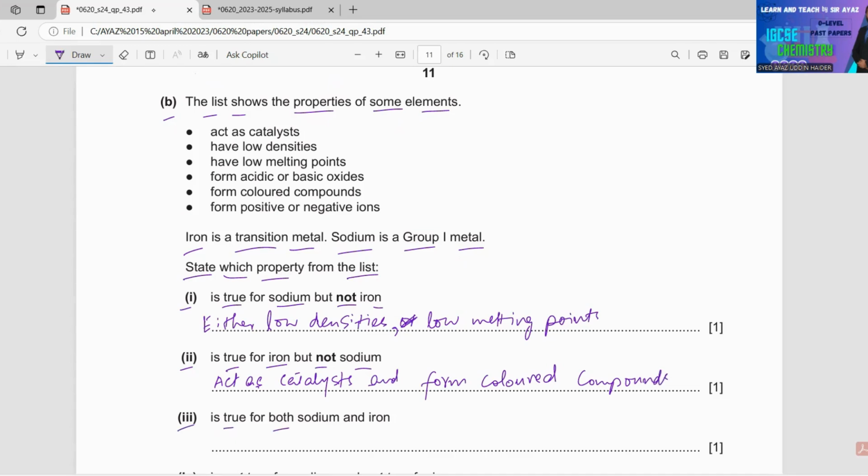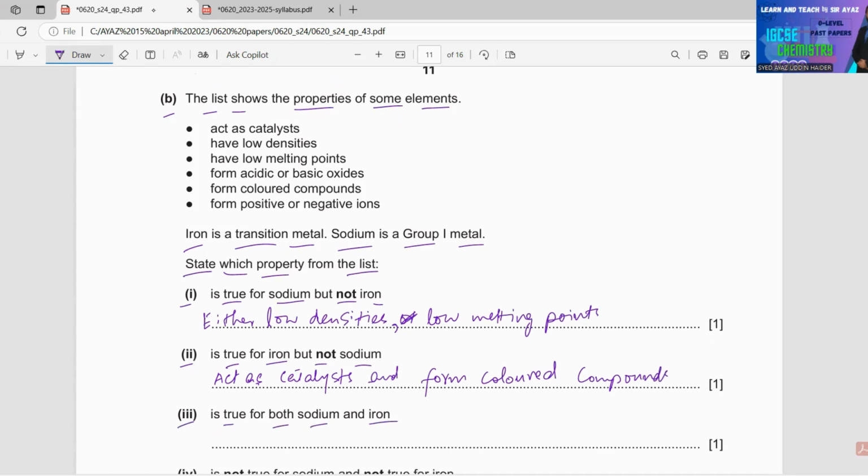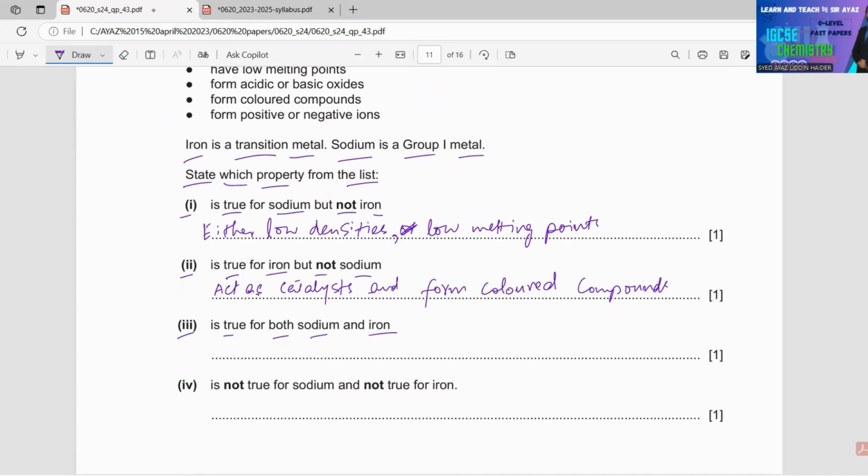Part 3 is true for both sodium and iron. They both form basic oxides and form positive ions. Form basic oxides and positive ions.